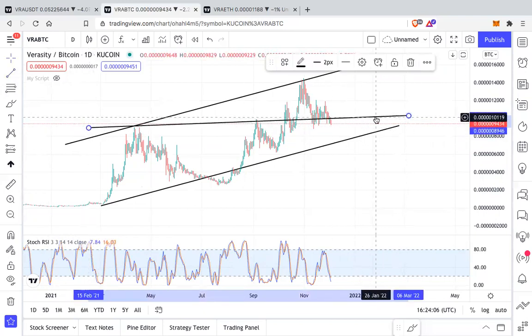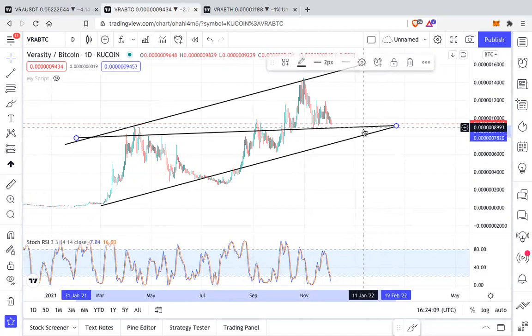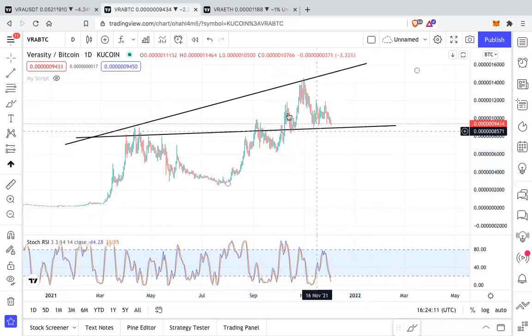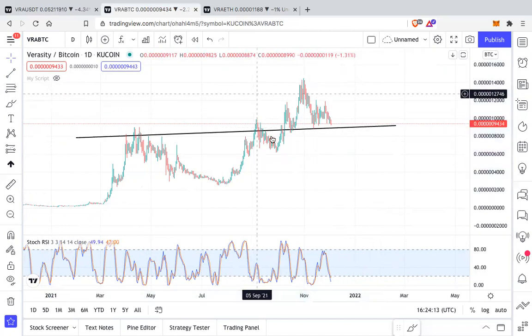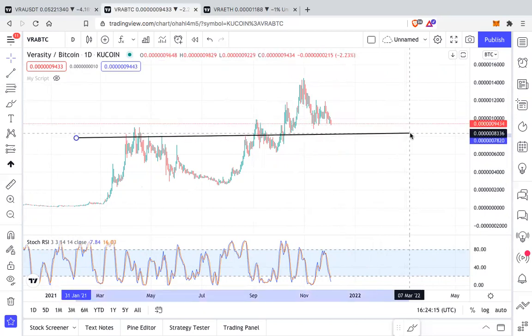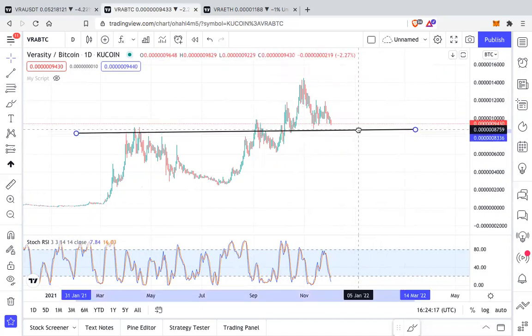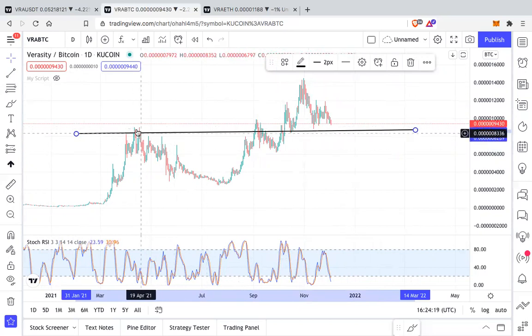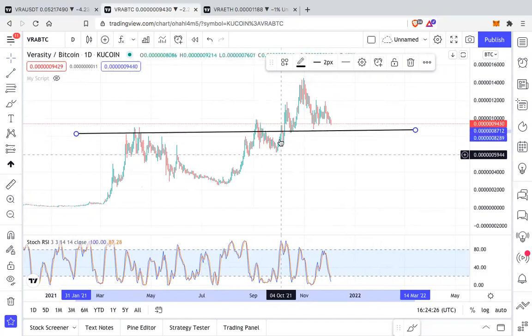Above the previous peak, you see over here, this is a consolidation range. This is where we are consolidating right now, which was a previous top. In April, we had topped here. Then we broke, but we again came down.